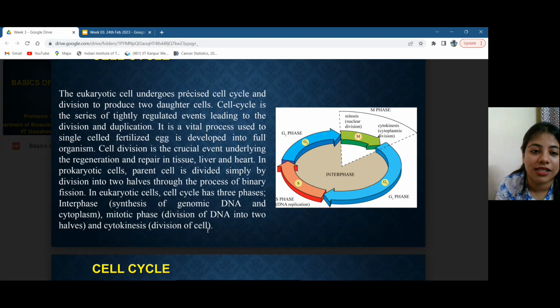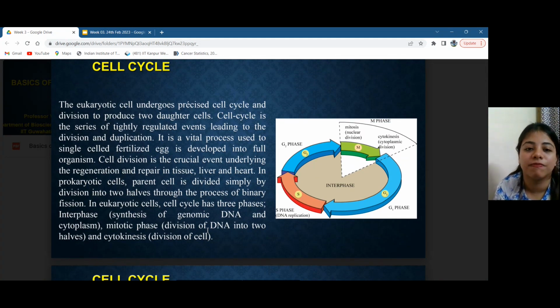The cell cycle is the process covering the entire life cycle of a cell, and cell division is the process by which one cell produces daughter cells, or progeny cells.